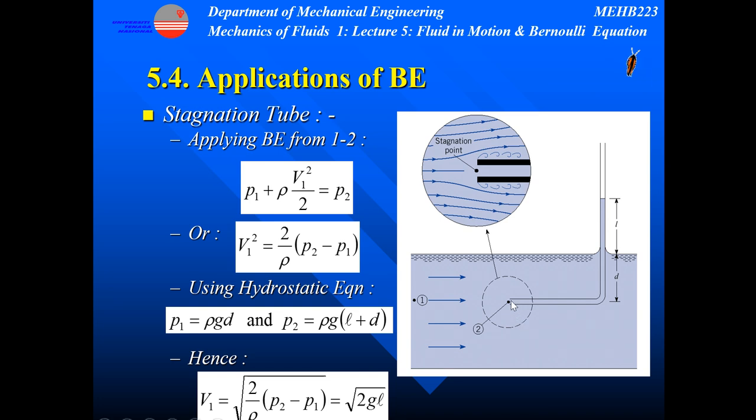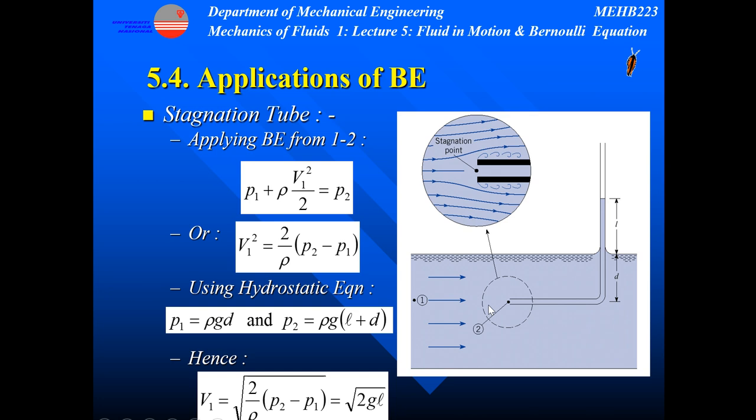This point at the entrance of the tube is called the stagnation point. At the stagnation point, the velocity becomes zero, and when velocity becomes zero, pressure becomes maximum. So the fluid is pushed into the tube by the maximum pressure up to a certain height.